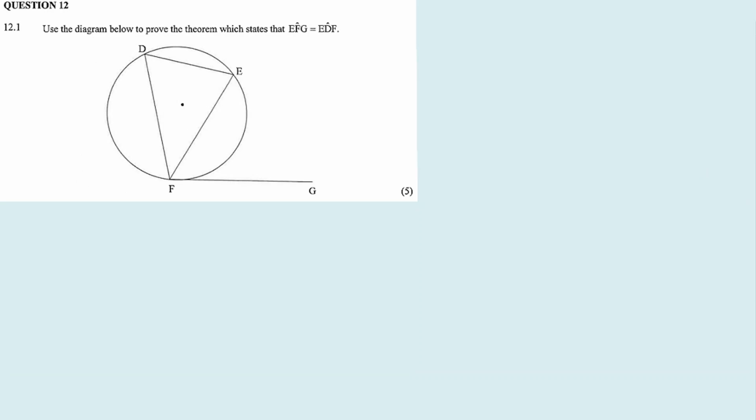So let's go to 12.1 and prove this theorem. Use the diagram below to prove the theorem which states that EFG is equal to EDF. We want to prove that these angles are equal. In other words, we want to prove the tan chord theorem, right?